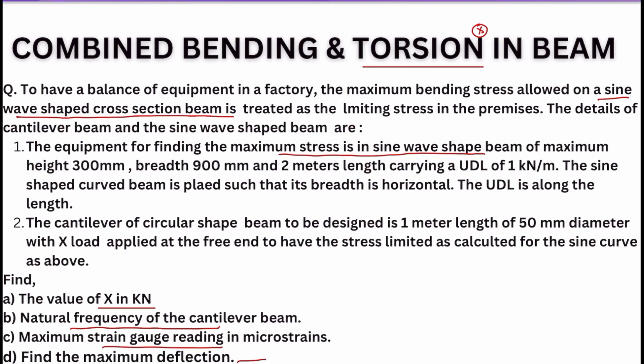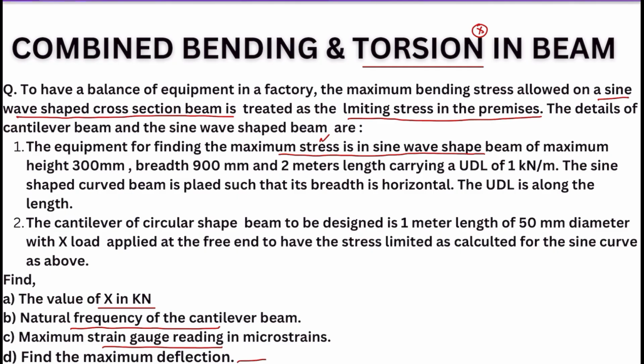And the limiting stress in the premises of the factory, the limiting stress of any other equipment in the premises of the factory, is the maximum applied stress in the sine wave beam.